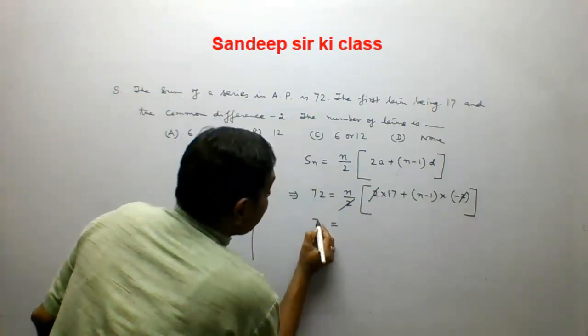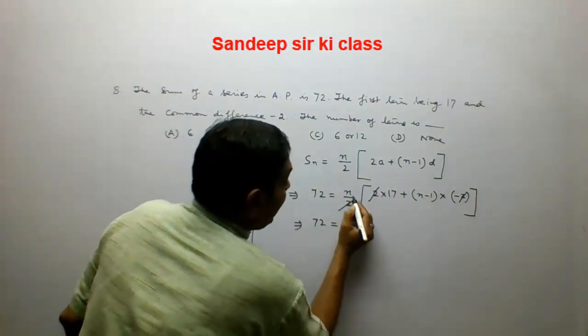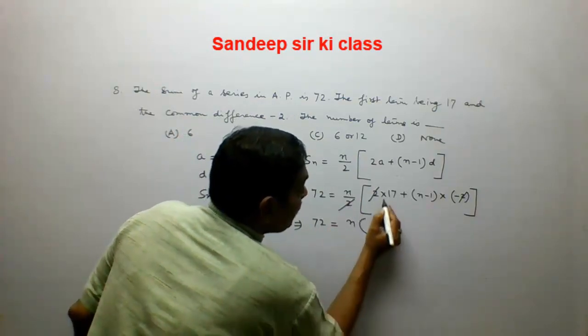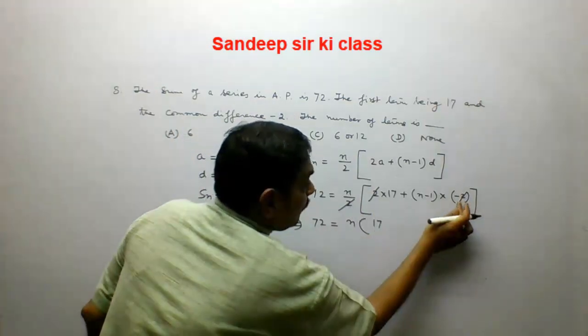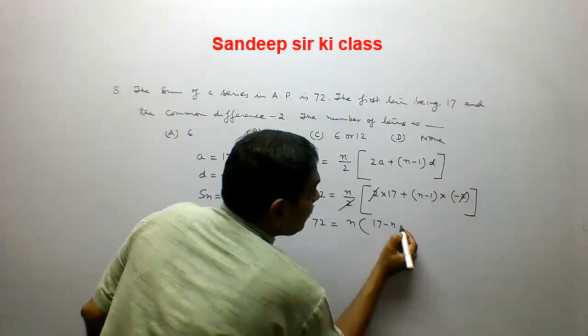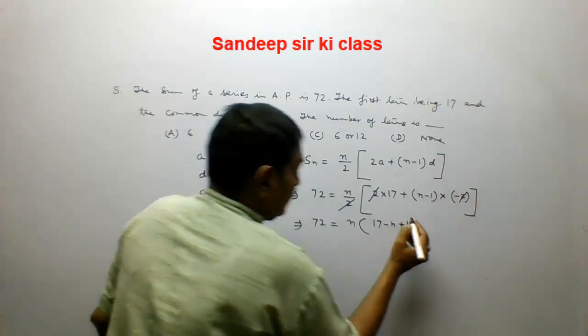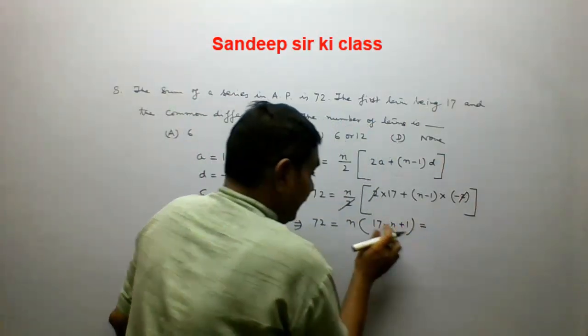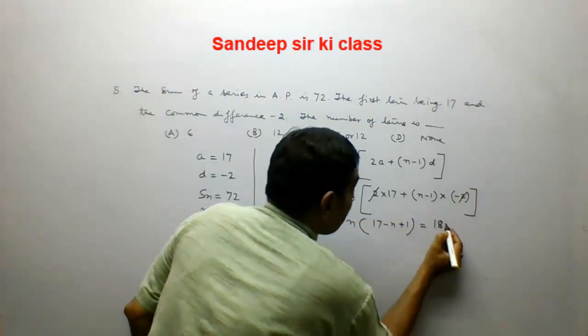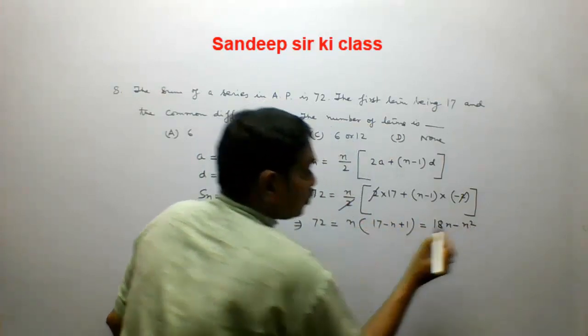Simplify. 72 is equal to n into (17 minus n plus 1), that is equal to 18n minus n square.